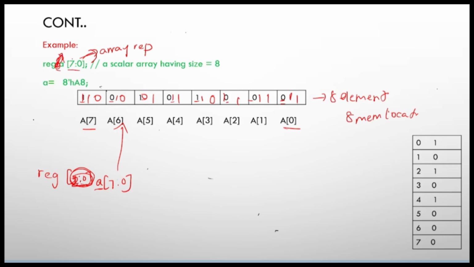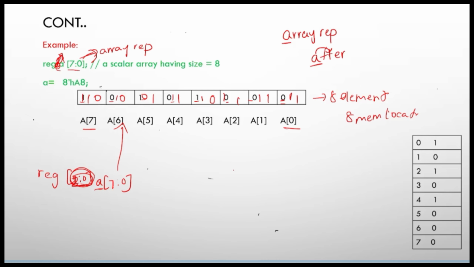So simply we can say that if you are representing an array, the range should be after the particular variable. You can just remember it like that; it's just some kind of remembrance for you.